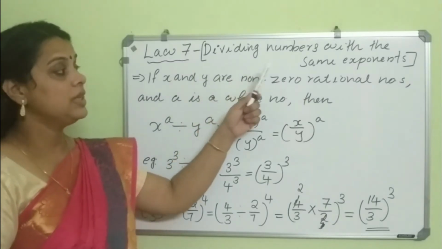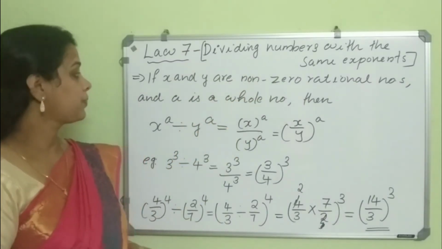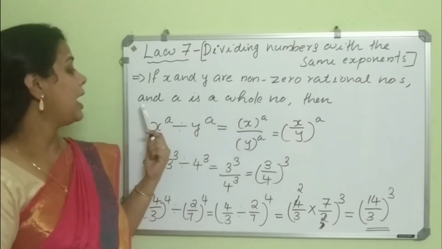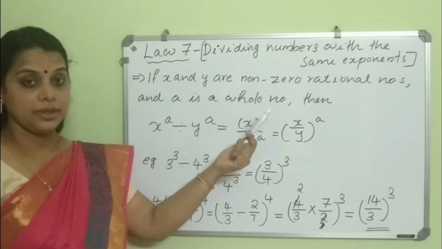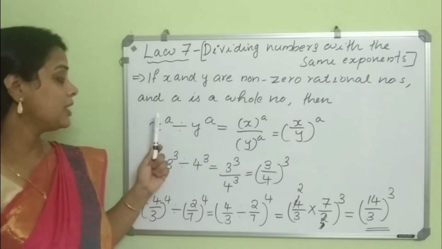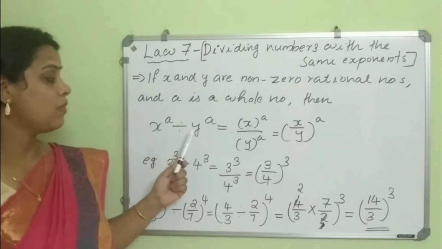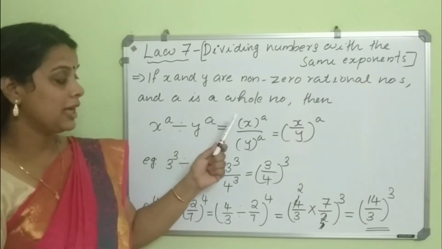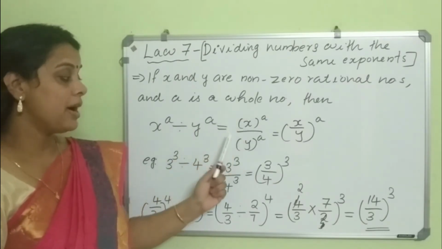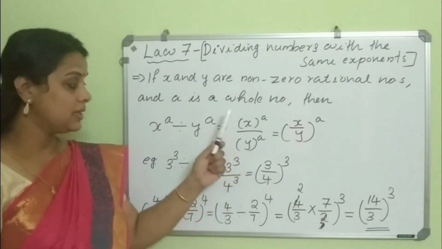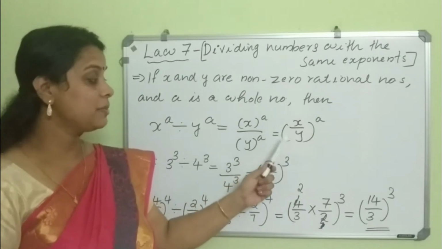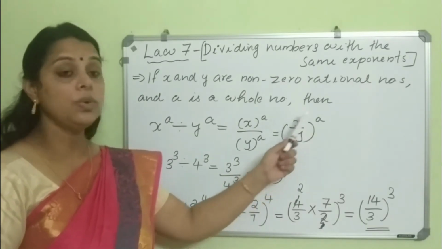Law 7. Dividing numbers with the same exponents. If x and y are non-zero rational numbers and a is a whole number, then x raised to the power a divided by y raised to the power a is equal to x raised to a by y raised to a, changing like a fraction, that is equal to x by y raised to a.